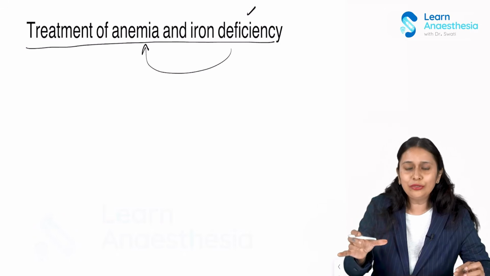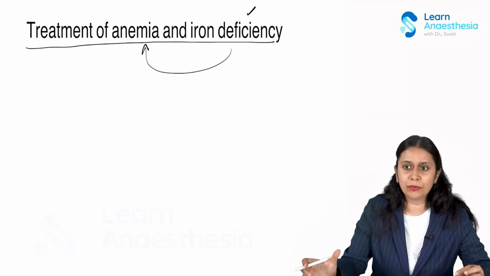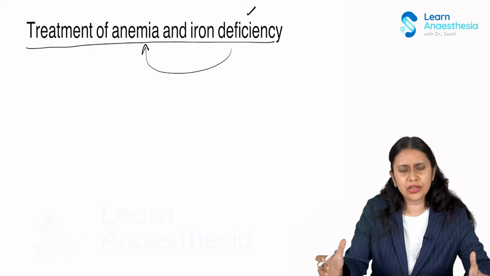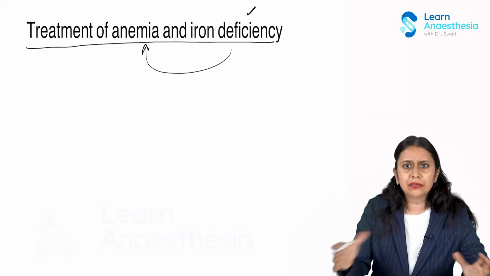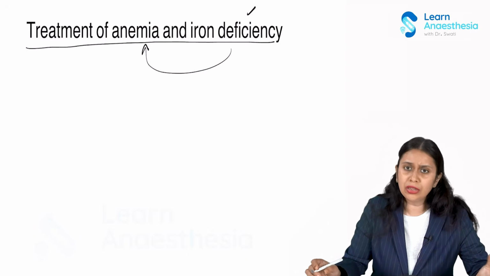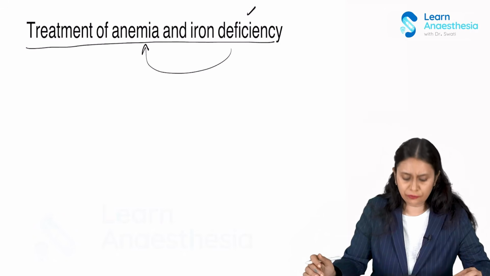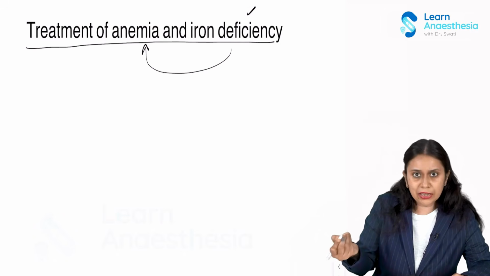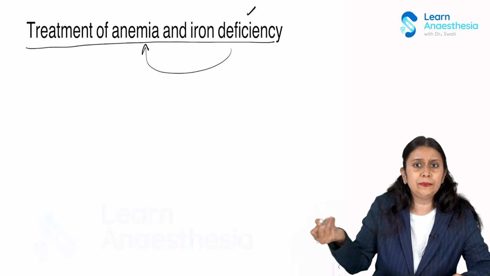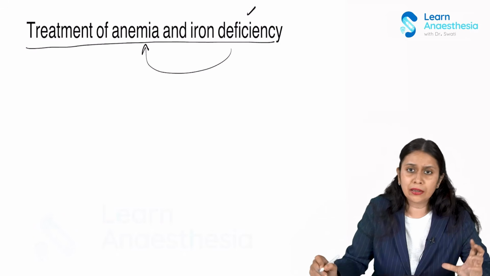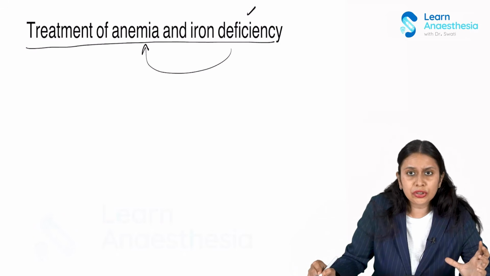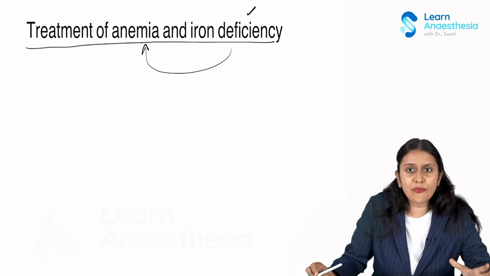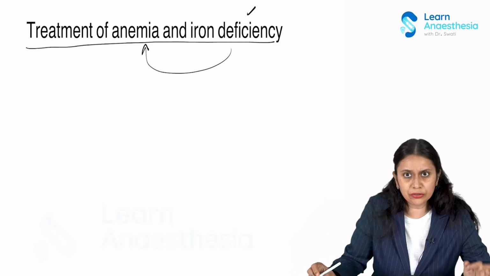So we have to replete the iron store of the patient, and depending upon the urgency and type of surgery, we have to plan our intervention. As anemia is one of the most highly prevalent conditions which increases the risk of morbidity and mortality, we have to assess our patient for anemia.